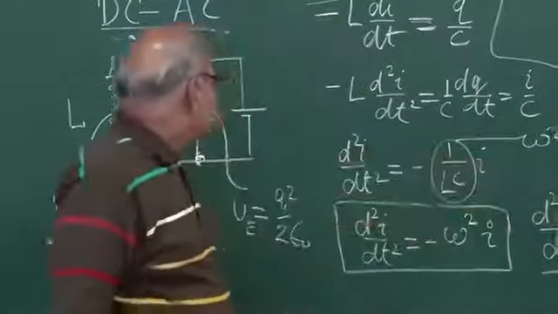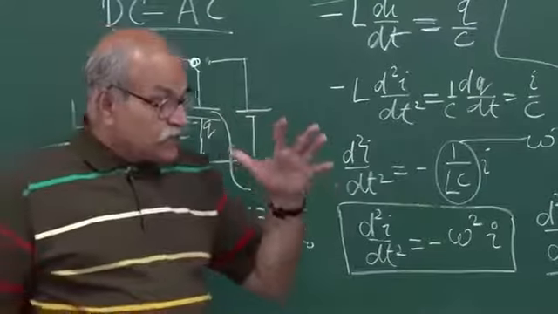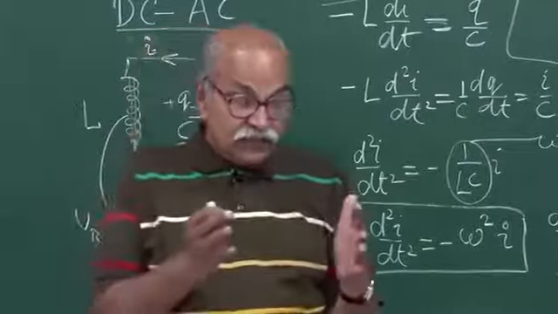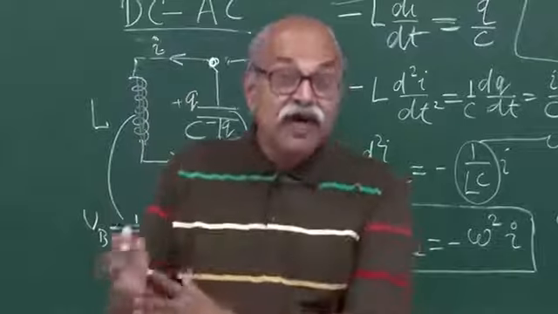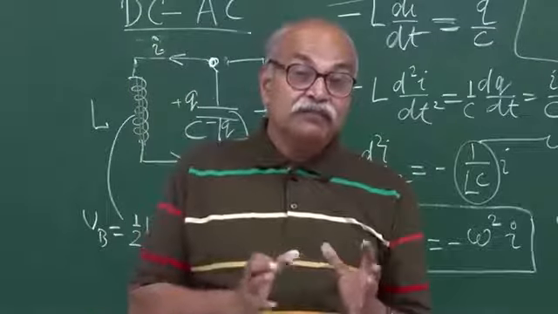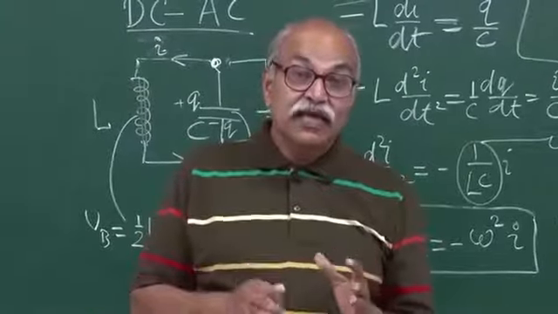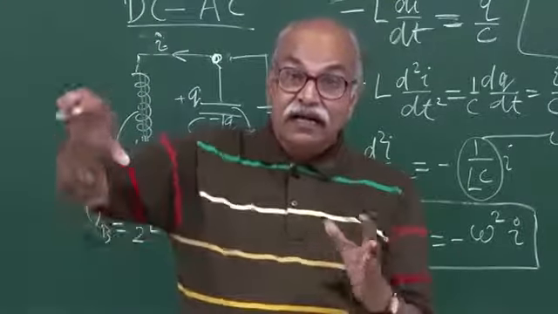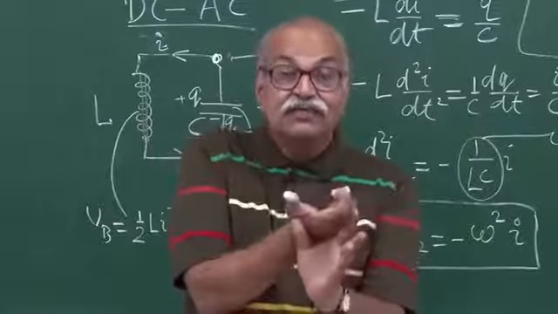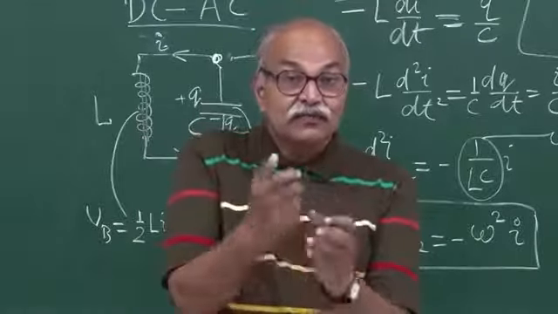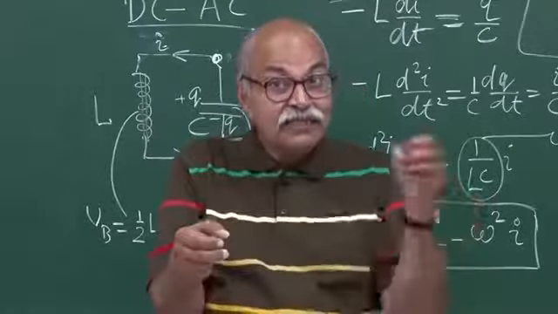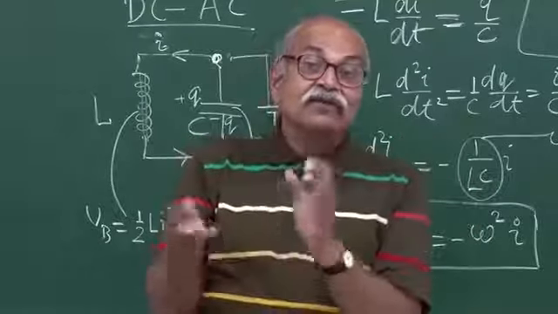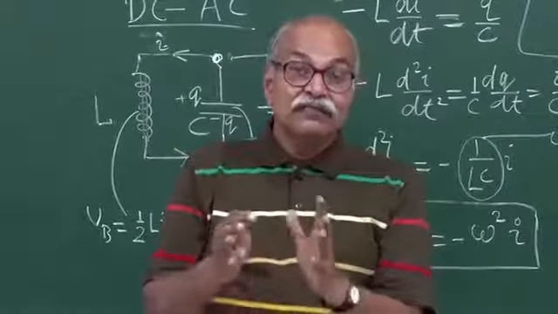Hence, to design the oscillator, you need some amplifier, where part of the signal is amplified, and then part of it is again sent to this oscillating circuit unit, so that whatever is lost is exactly compensated, and then you have a constant voltage supply.